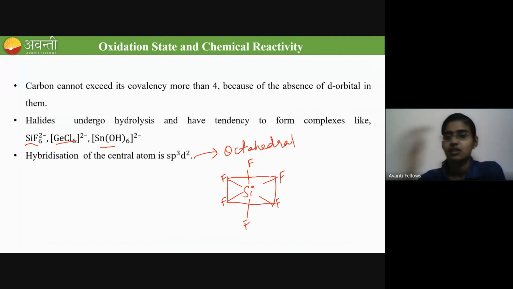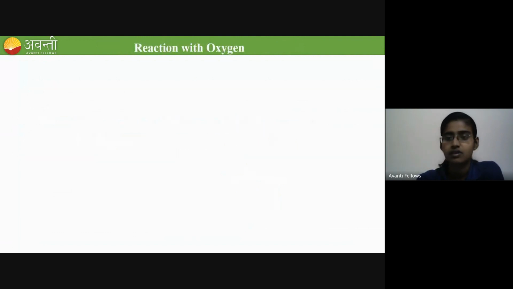Okay, let's see the properties of group 14. The first property is the reaction with oxygen. In the boron group we studied, the first was the reaction with air. Here it is the reaction with oxygen. So all the carbon group elements react with oxygen and form two different types of oxides.